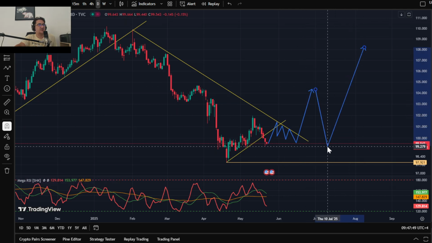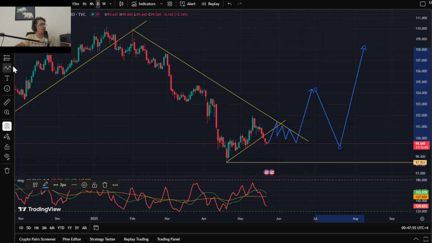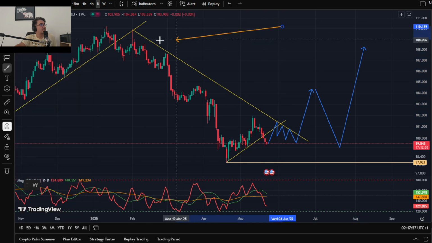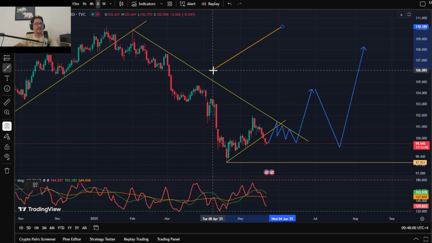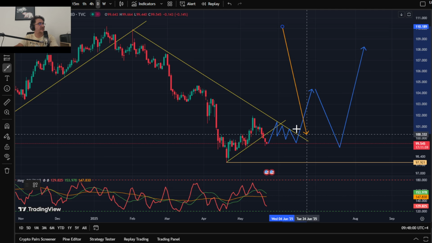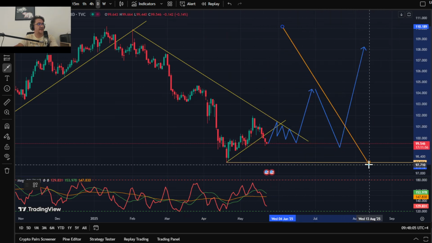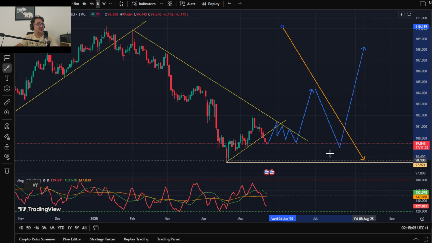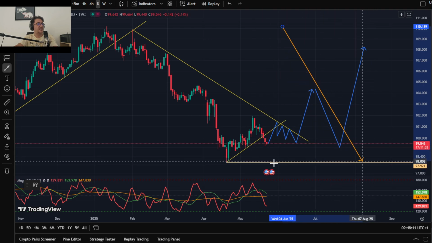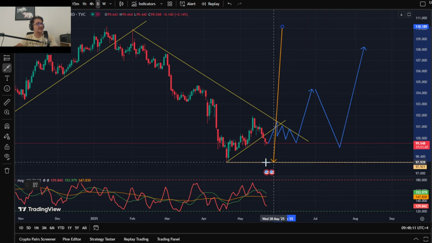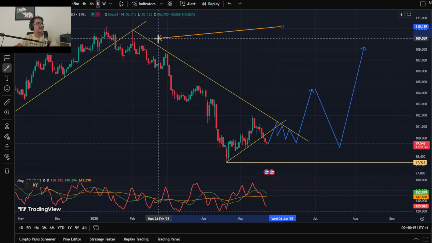The pullback can be to this dynamic resistance. This line that I have drawn here is a dynamic resistance. This line is a static resistance. Okay, sorry, it's a support because it's below the price. Anyway, this is a static level and this is a dynamic level.